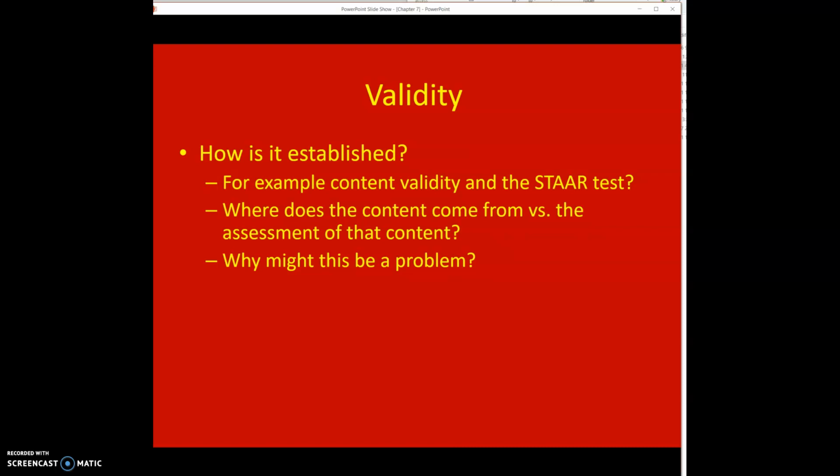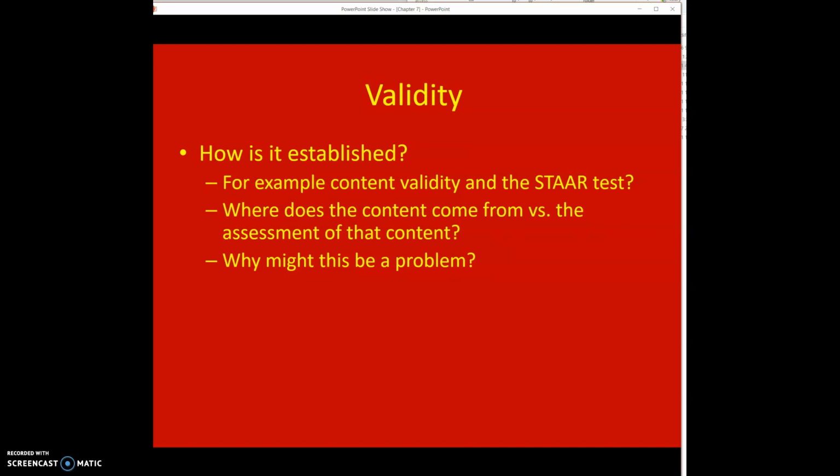So you are potentially running into a disconnect between a textbook company developing a book that a teacher uses as curriculum. If the teacher then uses the tests from the book, there's a chance, a pretty high chance, that it's not going to connect well to the assessment of that content, which is the STAR test.